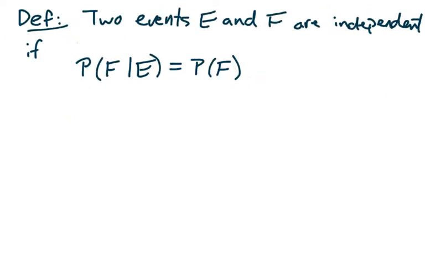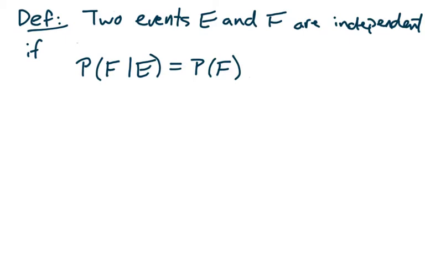We had a vague definition of independent before, but here we have a nice precise definition of independence for two events. Now that we have this conditional probability language, the probability of F, assuming that E occurs, is equal to the probability that F occurs regardless of E, yes or no, means that E and F are independent.